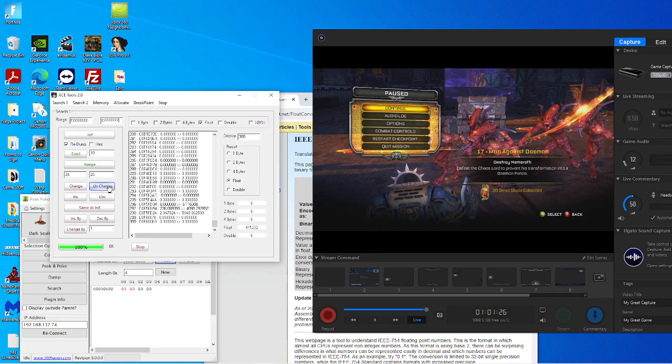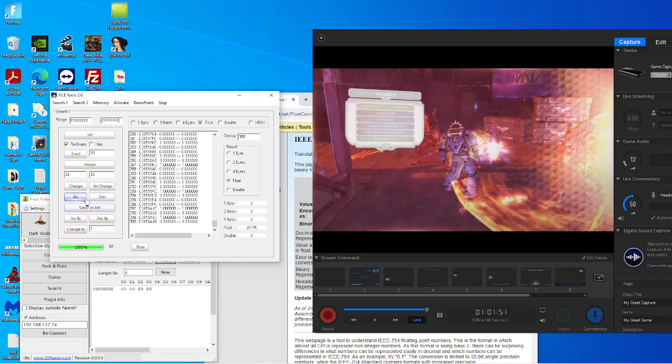So I can do an unchanged value search, and then that eliminates all the things that have since changed. You'll often find that if you know that your value hasn't changed and you do this, it eliminates quite a few of the possible options. See, down from like 400,000 to 20,000. That's pretty good. Okay, Fury went up.